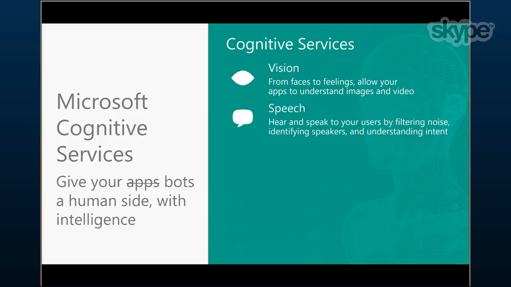So vision, pretty interesting. Speech. Speech includes not only speech to text and text to speech, but there are some very interesting APIs that exist here. For example, you may be using Skype Translator to have real-time conversations, language to language. For example, you may speak German, but you might be talking to somebody who speaks Spanish. You speak in German, they hear Spanish. They speak in Spanish, you hear German. Very interesting technology.